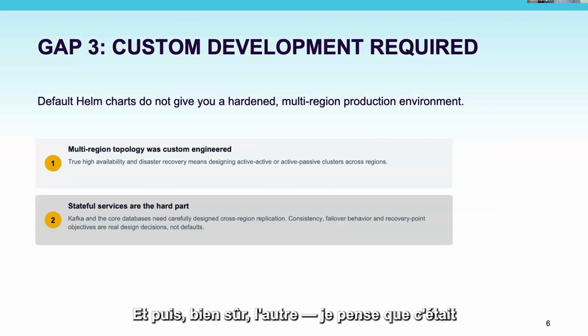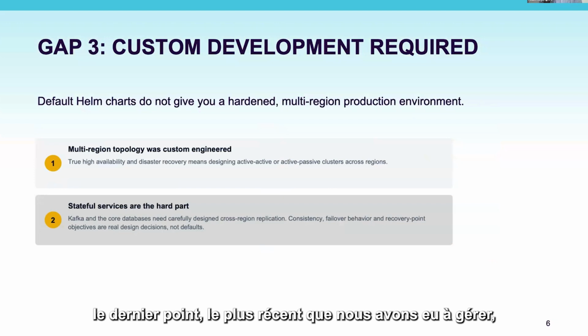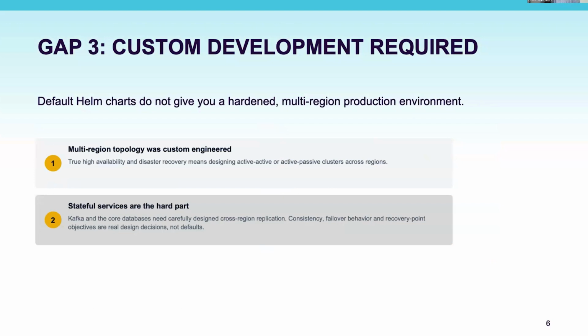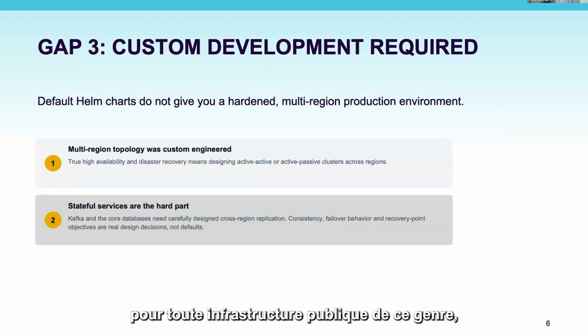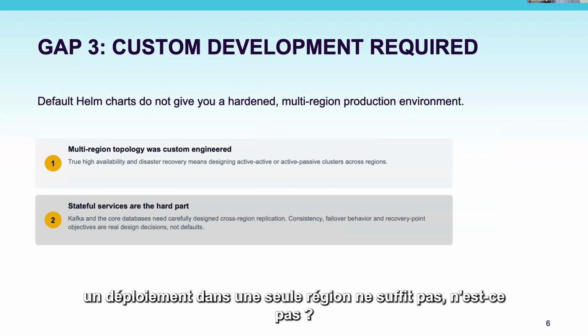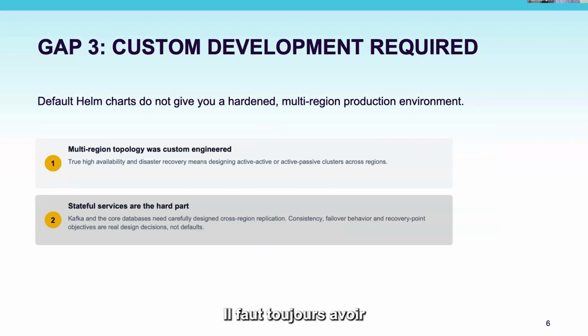And then, the other, I think this was the last one, the most recent that we had to deal with. For any switch, for any public infrastructure like this one, single region deployment is not sufficient, right? You always have to have a multi-region deployment for disaster recovery, for obvious reasons.